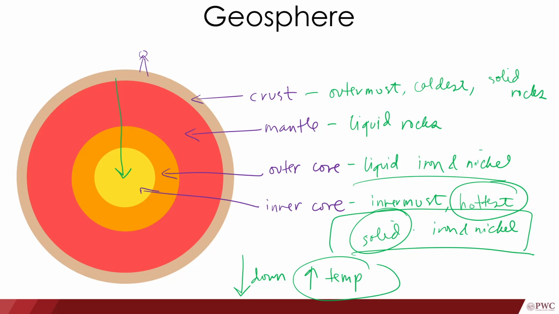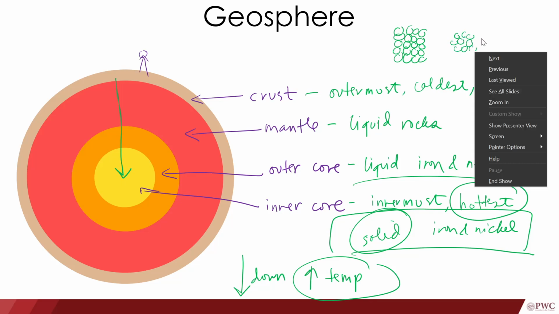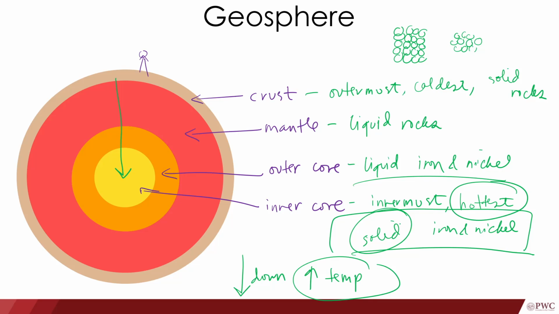The difference between solid and liquid is that for solids, the atoms are very close to each other, compared to liquids where there's some distance between the particles or atoms. So again, the inner core is solid even though it has the highest temperature. Why do you think so?